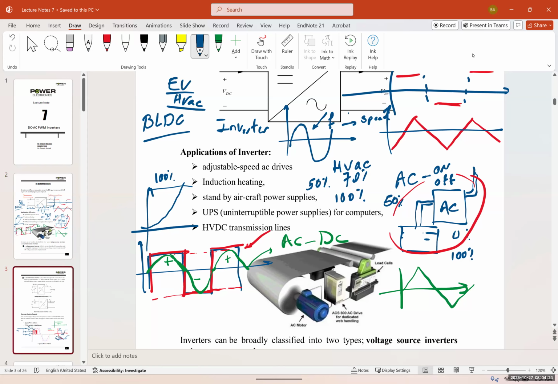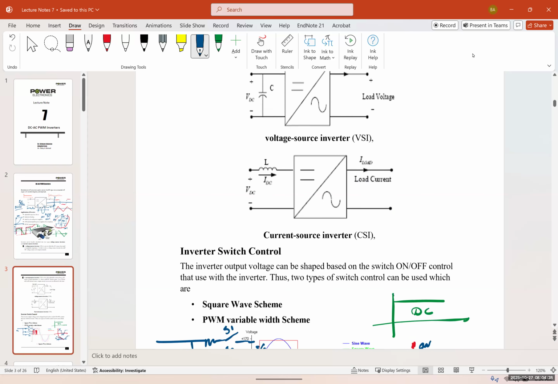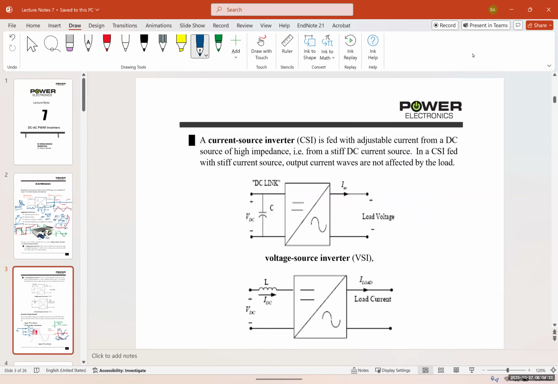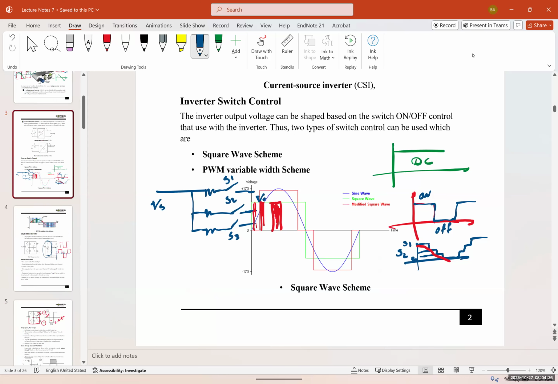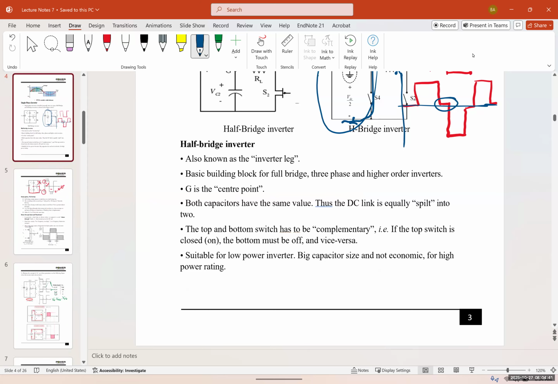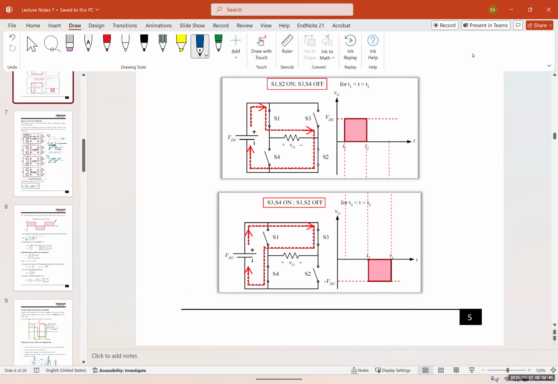We learned a little bit about the concepts of the inverters, different types of inverters, the voltage source and the current source inverters, and we went through different types like the half bridge and the full bridge inverters as well.